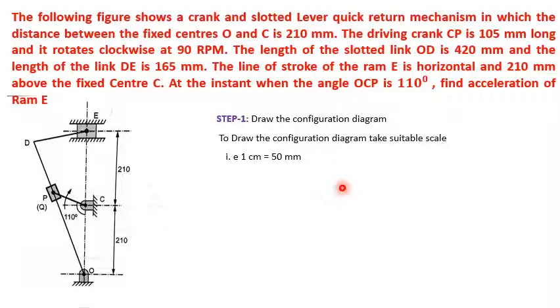So here we are considering 1 centimeter is equal to 50 millimeter. Therefore the length of link OC becomes 4.2 centimeter, and length of CP becomes 2.1 centimeter, and length of OD link becomes 8.4, and DE 3.3 centimeters respectively.